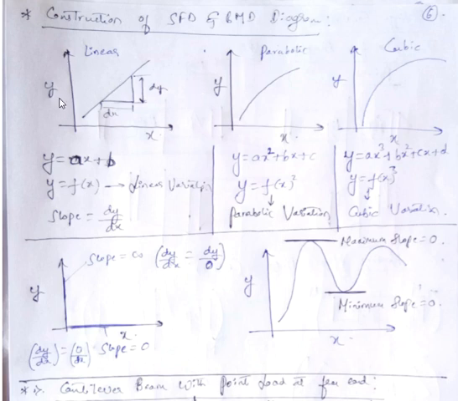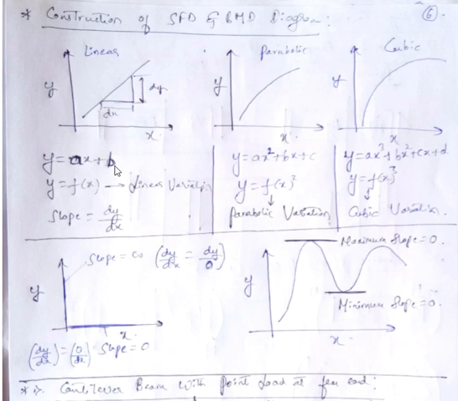There is y along the y-axis and along the x-axis we'll consider x. That means y is a function of x. When I change the value of x, the value of y is also going to change. Suppose I am getting a straight line curve. The equation for a straight line, or linear curve, is given by y = ax + b, wherein a and b are constants.